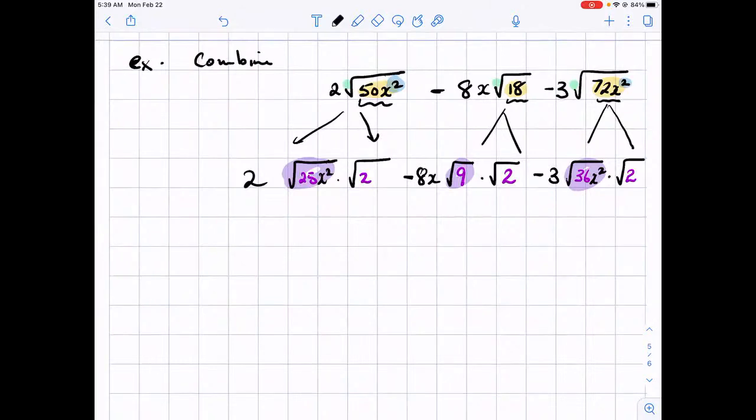Now let's see what happens. So I have my 2 comes down. Now the root of 25 is 5, and the root of x squared is x.